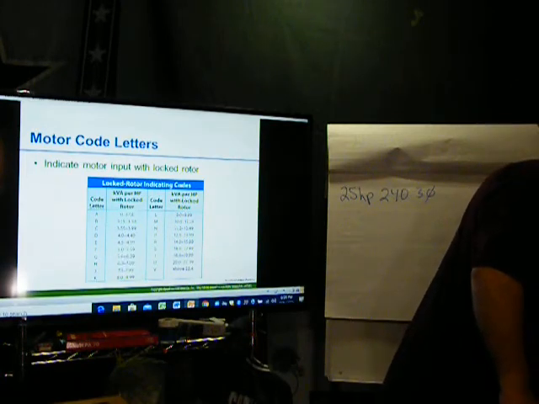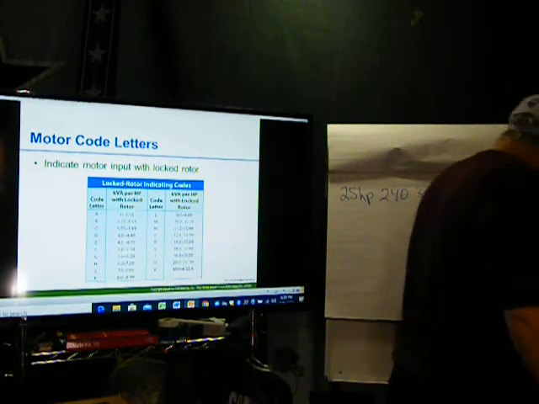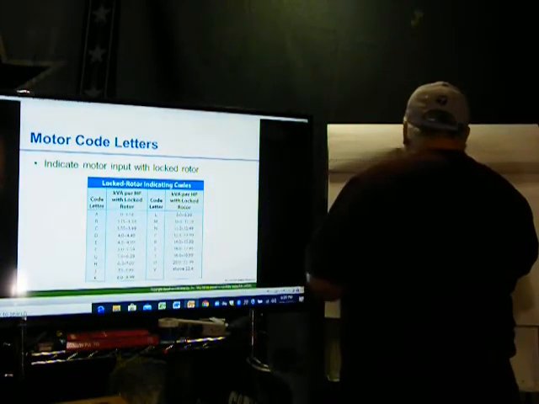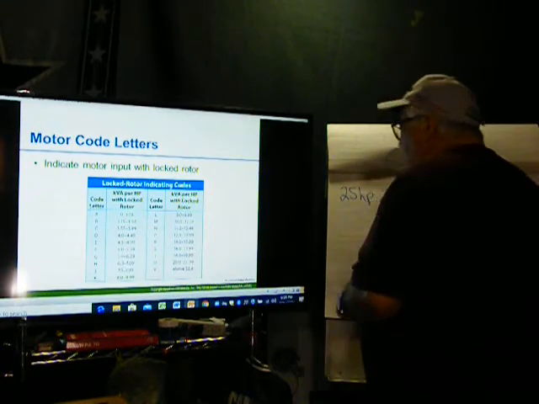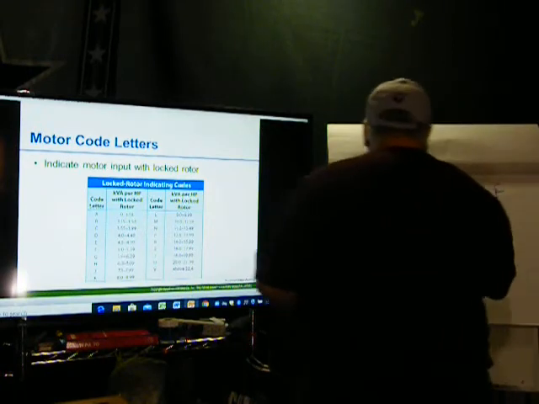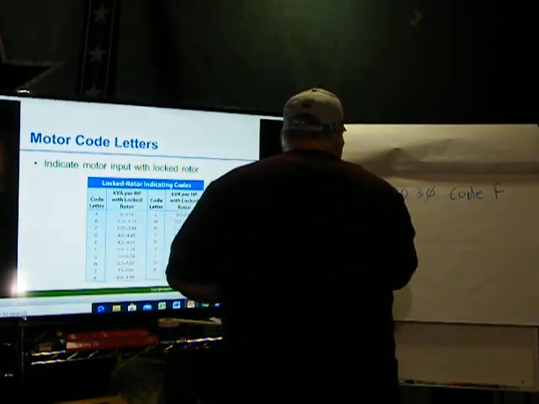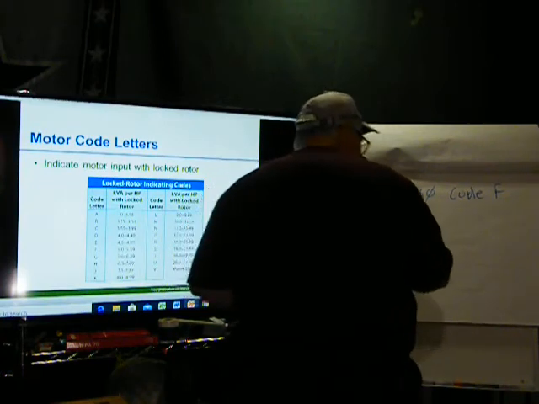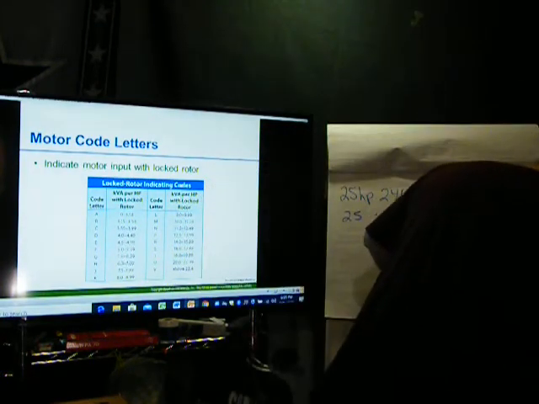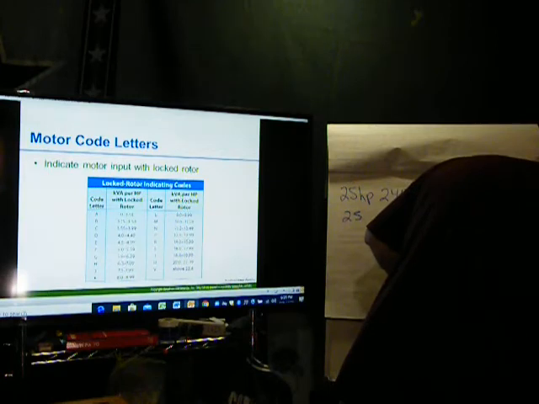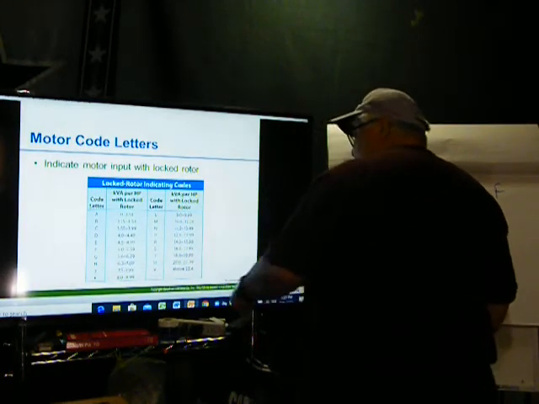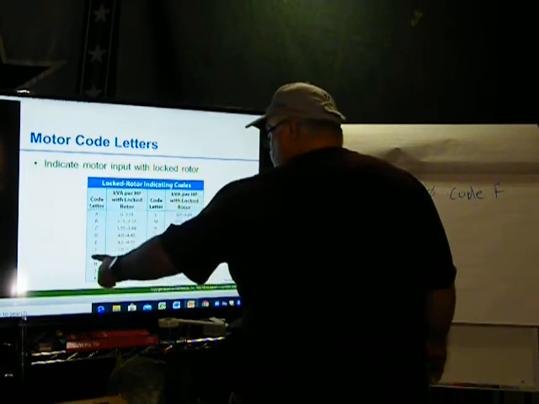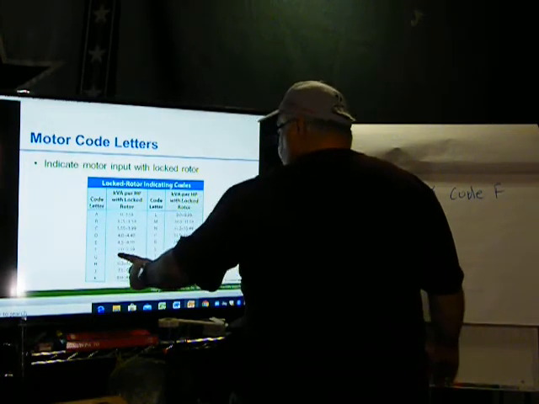So the other one has got code letter F. All they do is get this horsepower, 25 horsepower, and then multiply it by code F. Come down here, it's 5.0.